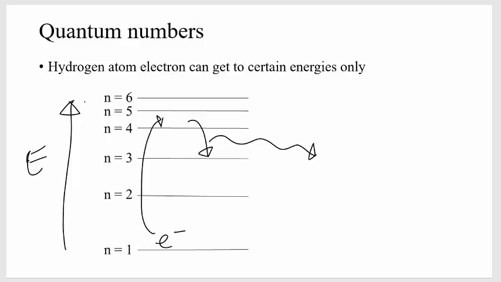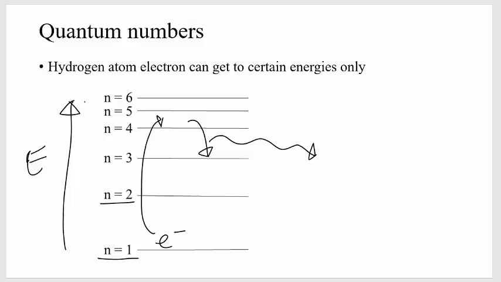And we called these energy levels just n equals 1, n equals 2, and so on down the line, with 6 being the highest possible for the hydrogen electron. So these energy levels are actually the different quantum numbers that are possible for excited hydrogen atoms.